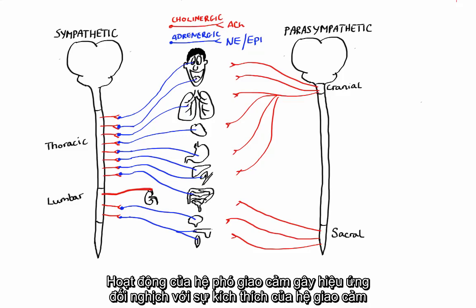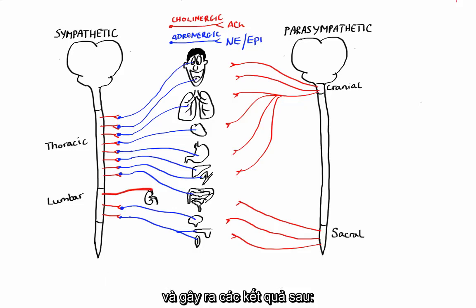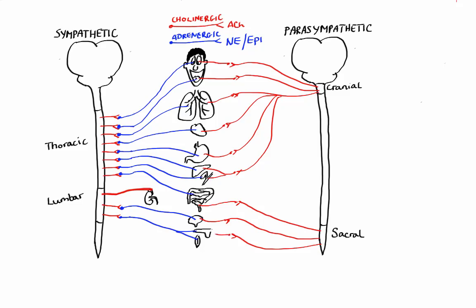So the activity of parasympathetic division would have the opposite effect of sympathetic stimulation and would result in the following: constriction of pupils, stimulation of salivation, constriction of airways, slowing of the heartbeat, stimulation of digestion, stimulation of glucose uptake, stimulation of intestines activity, stimulation of urinary bladder contraction, and stimulation of erection.